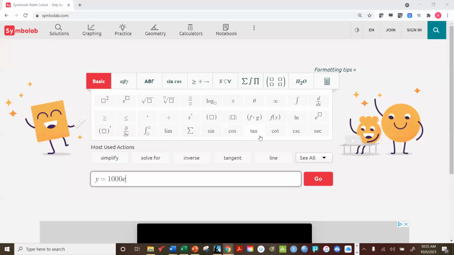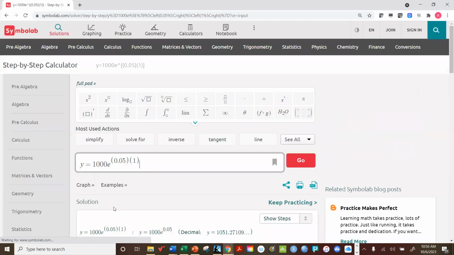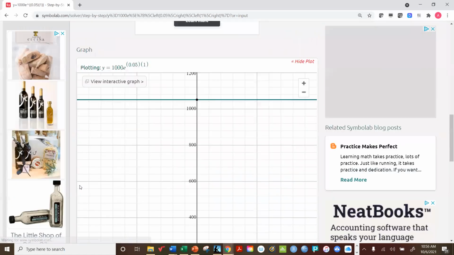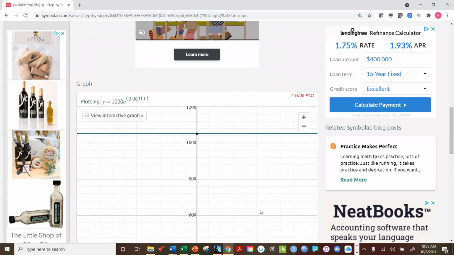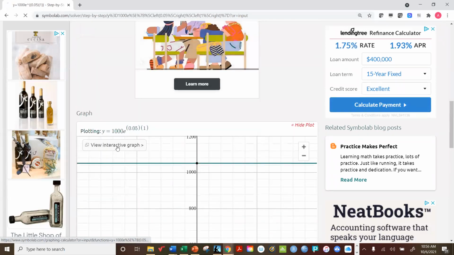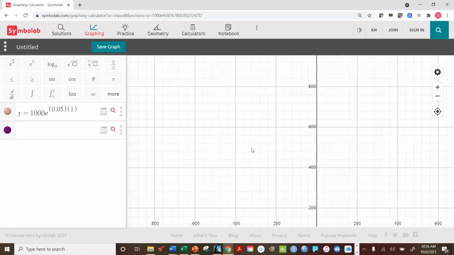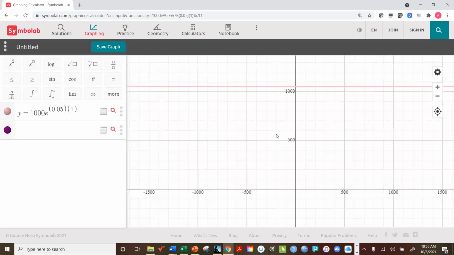And the exponent will be, let's say, 0.05 times 1. Okay. So when we graph it, oh boy. I guess we better look at the interactive graph. That doesn't look so hot, does it? I wonder why it doesn't look right.